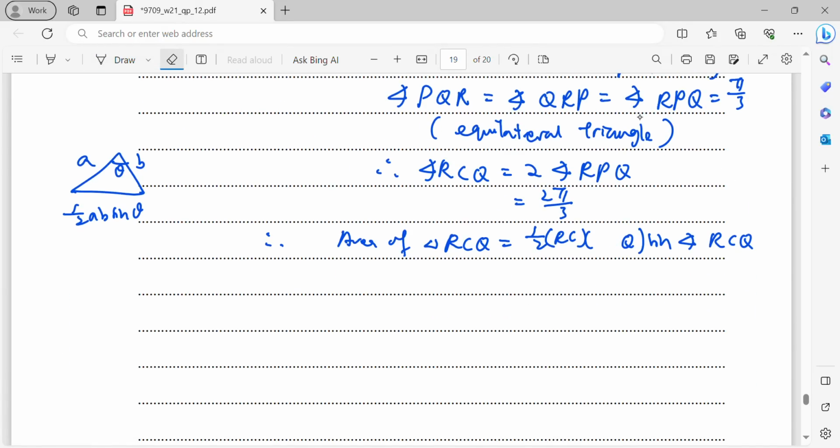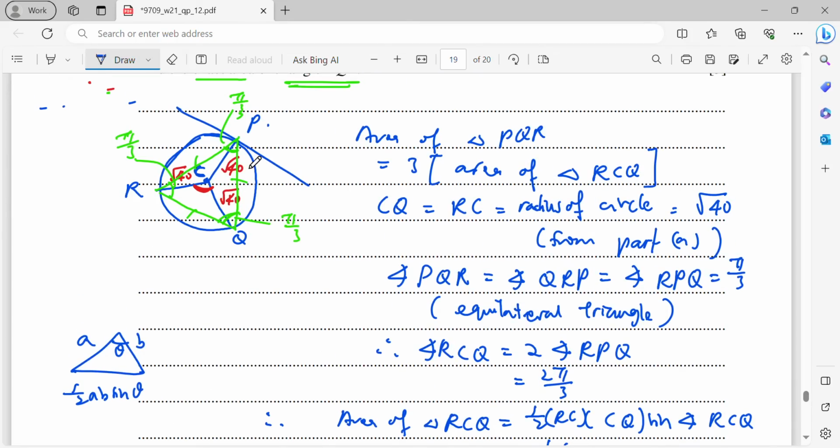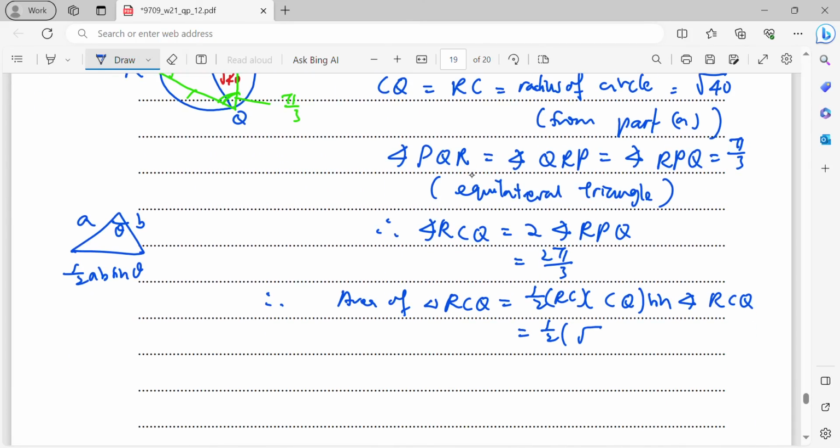So this is half. RC is square root 40 because all these are radius. So square root 40 times square root 40 sine 2 over 3 pi. Hence, you will be getting 30 square root 3.